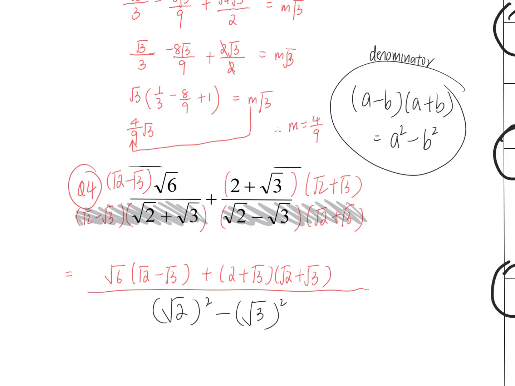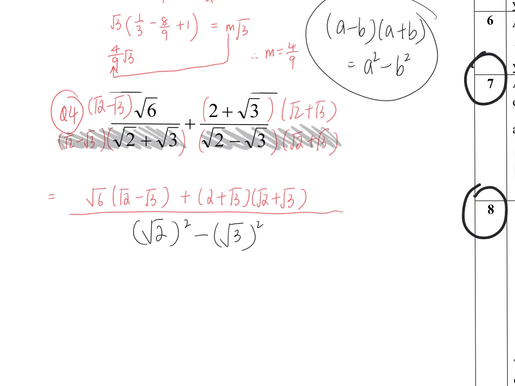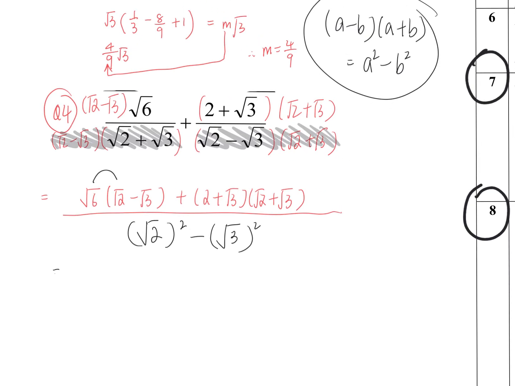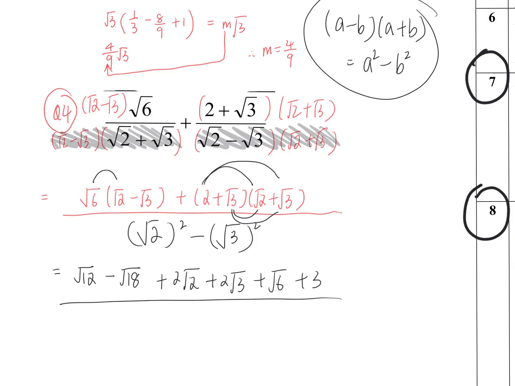I can just simplify it already. So this is root 12, root 18, 2 root 2, 2 root 3, root 6, and 3. At the bottom is 2 minus 3, which is negative 1.